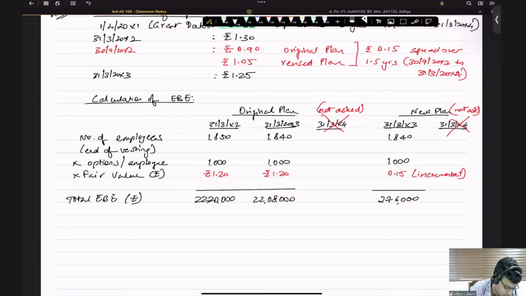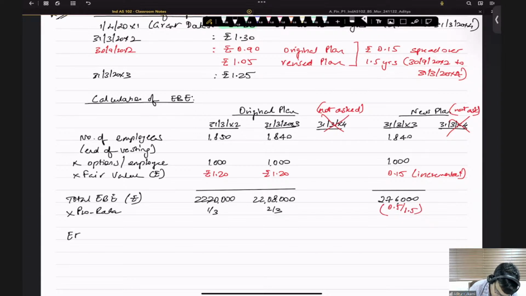Rupees into pro rata. Original plan was for 3 years. This is for 1.5 years, out of which half year is past. Half divided by 1.5.